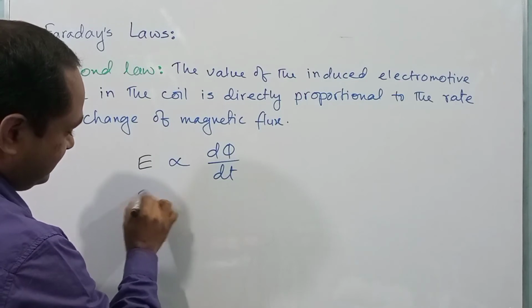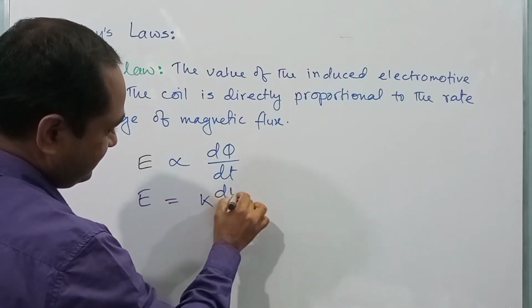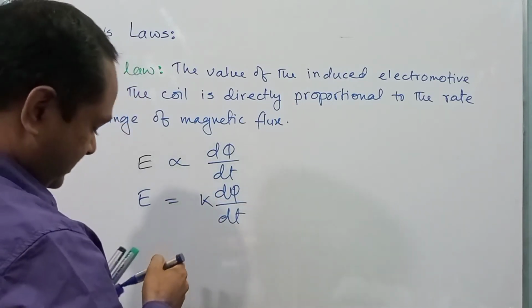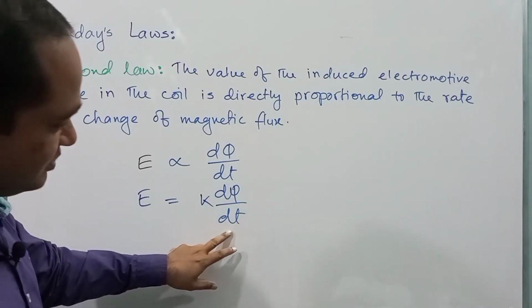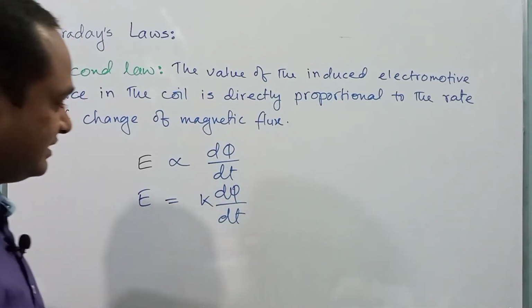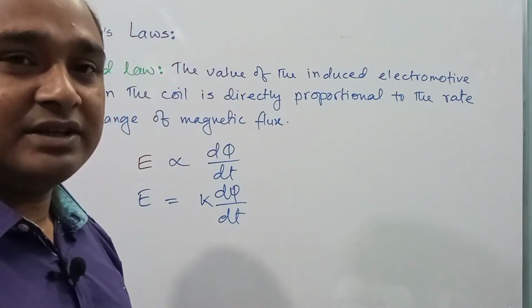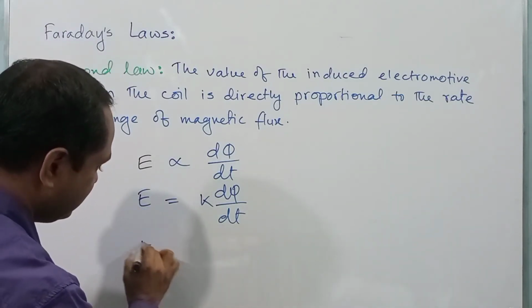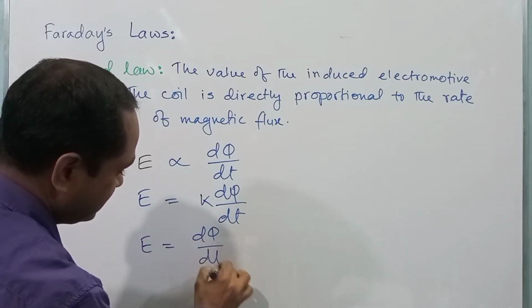So, we can write that E is equal to k d phi by dt, right? If electromotive force E, time t and magnetic flux phi are expressed in SI units, then the value of k will be 1. So, finally, we can write that E is equal to d phi by dt, right?